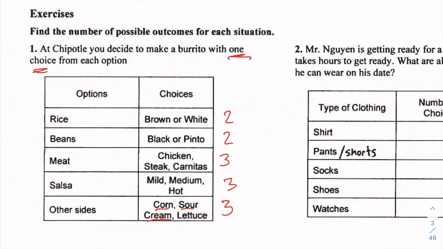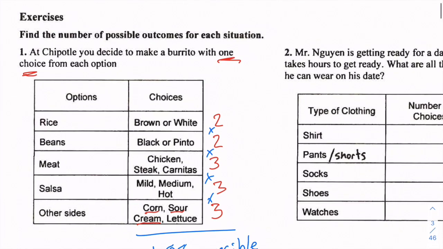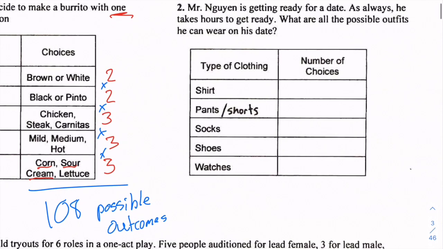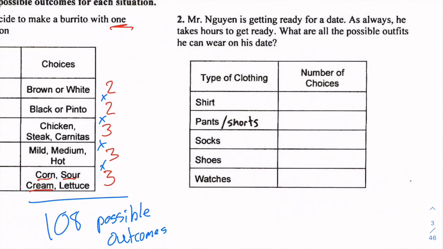So all these events, you multiply them all, you should get 108 possible outcomes. Yay. So instead of making that tree diagram or that table, that's the beauty of math: shortcuts.